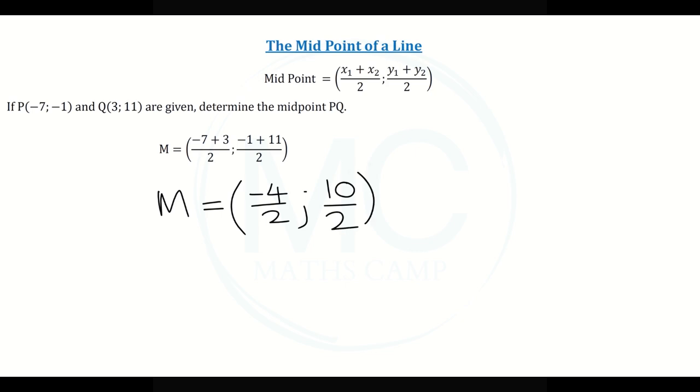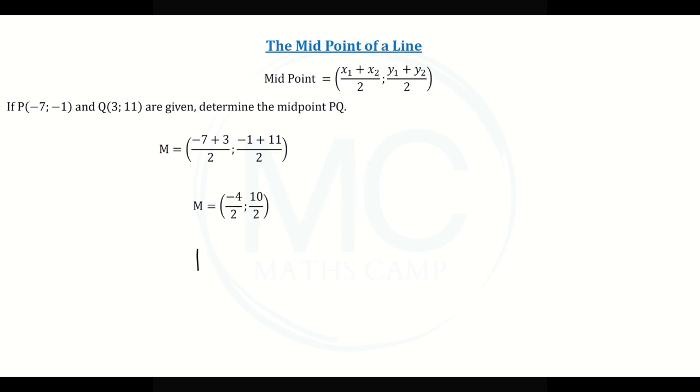And now we close the bracket. Finally, let's simplify our fractions. So we say M is equal to, open the bracket, negative 4 divided by 2 is negative 2. And 10 divided by 2 is positive 5. So the coordinates for midpoint M are negative 2 and 5.